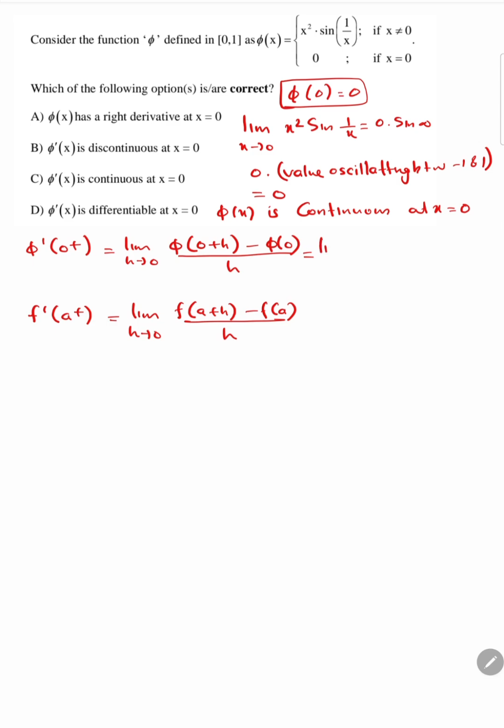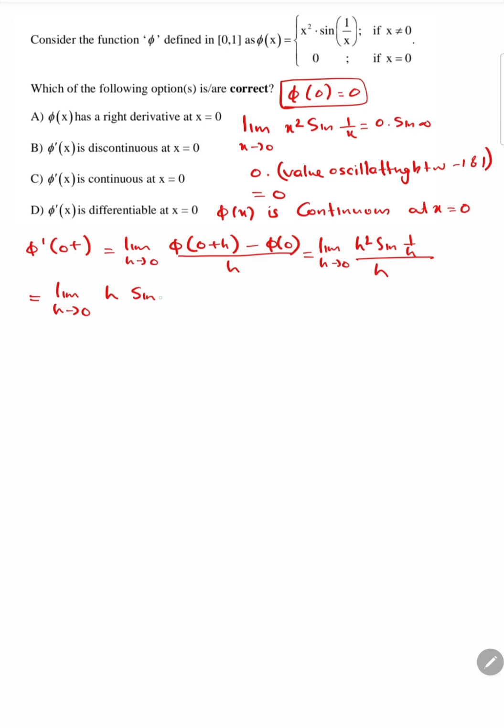Now let me write this. Limit h tends to 0, phi of h. What is phi of x? X square sine 1 by x. So what is phi of h? H square sine 1 by h. Now phi of 0, we already know, is 0, so no need to write it, divided by h. Now this will be equal to the limit as h tends to 0, where one h will cancel, so you will get h sine 1 by h.